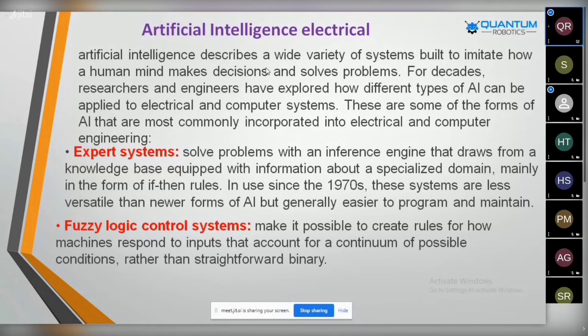Possible conditions will be executed rather than a strictly binary approach. How is it going to execute the particular rules that you instruct it to follow, to go there and do the particular task?